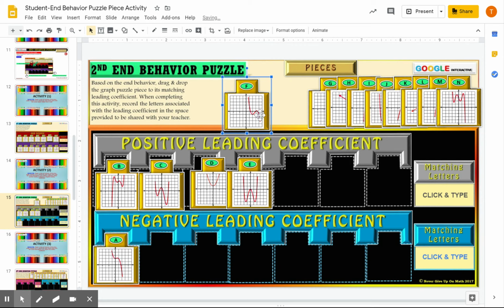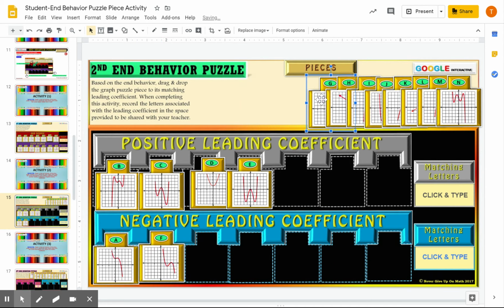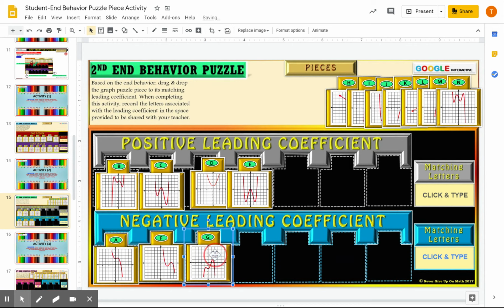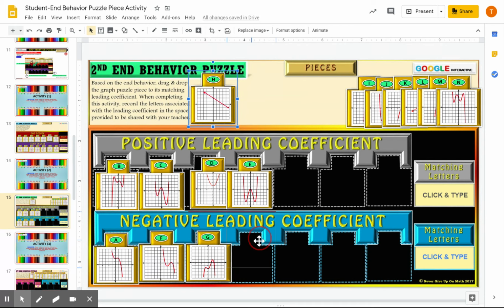You see how this one is now going down on the right? It is down, so that is negative. This one is down on both sides. So if it's down on both sides, then it definitely is down on the right. So since it's down on the right, it's negative. Down on the right again, negative.